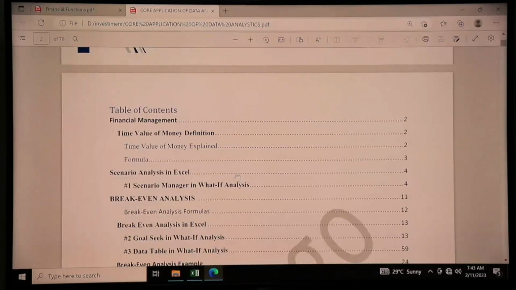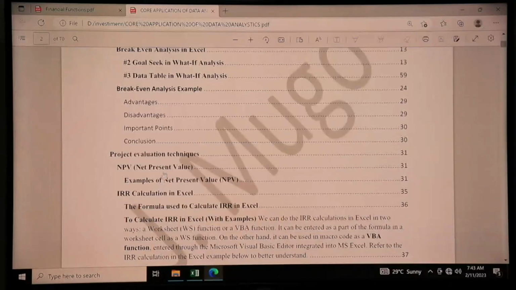I've checked on the time value of money, and we did see some practical examples. We are going to evaluate under this option of project evaluation techniques. We said there are several techniques of evaluating a project, whether the project is viable or not.